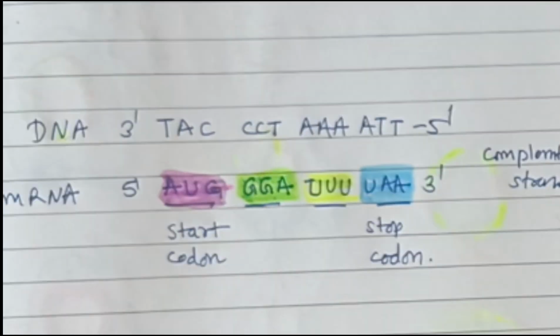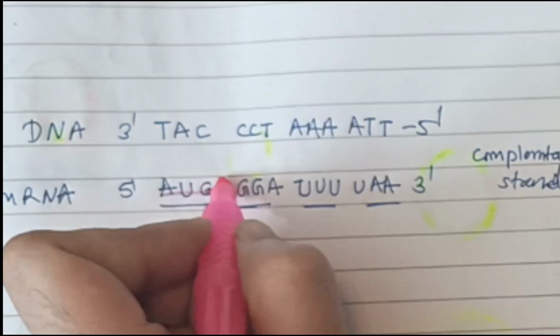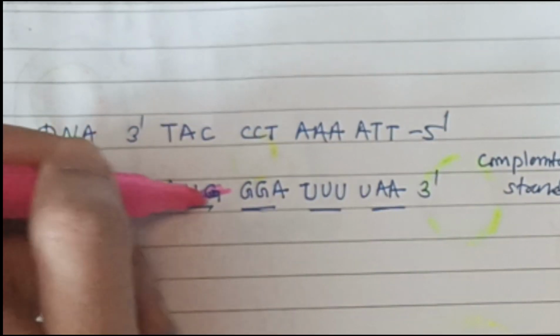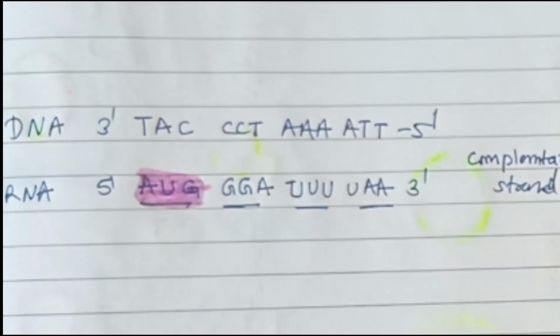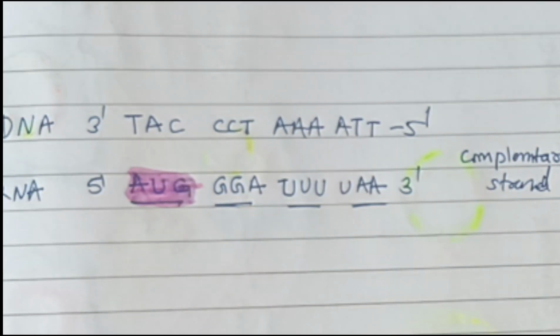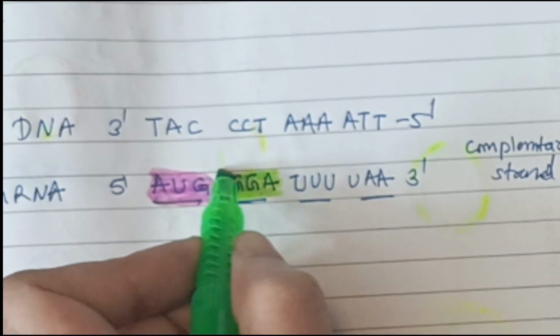AUG represents the amino acid methionine, which is the start codon. Then GGA represents glycine, UUU represents phenylalanine, and UAA represents a stop codon. So the final protein sequence we get is methionine, glycine, then phenylalanine.